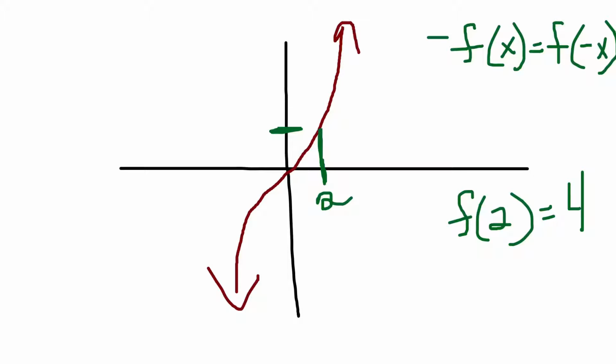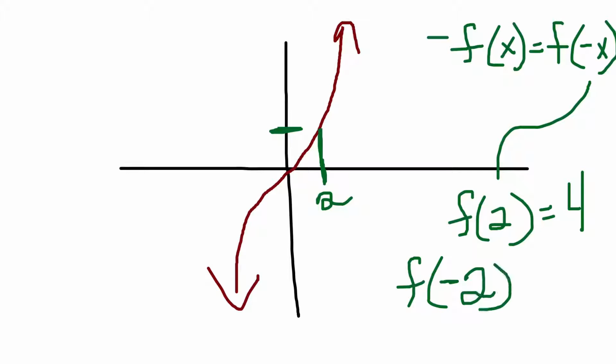Again, I'm just coming up with some values so you can understand how this is going to work. The idea is if I took an f of negative 2, so let's go over here to negative 2, what I got out, this point right here, would be a negative 4. So you see how it satisfies this particular condition. If I know that f of 2 is 4, then if I did f of negative 2, I would get out a negative 4.